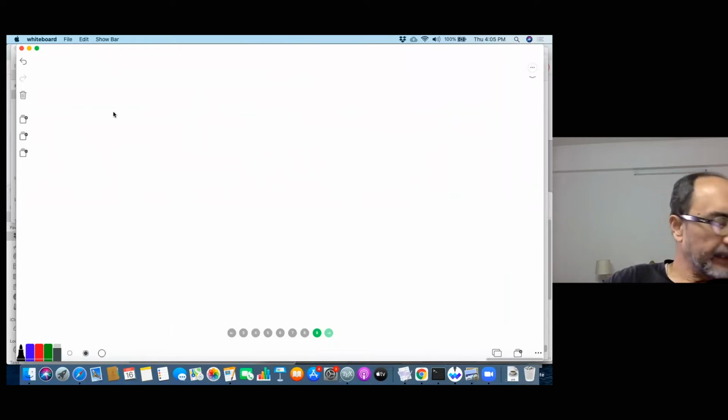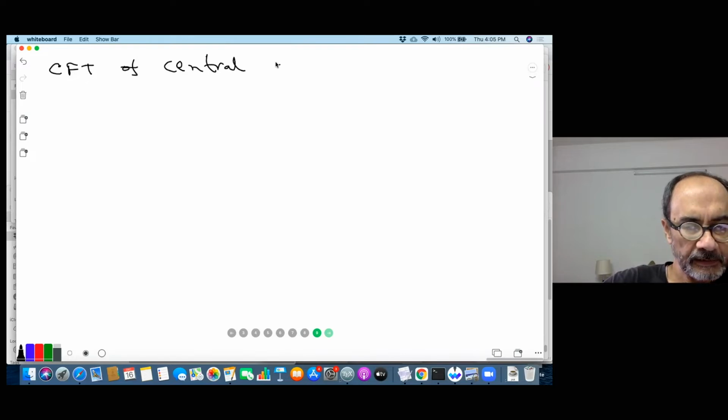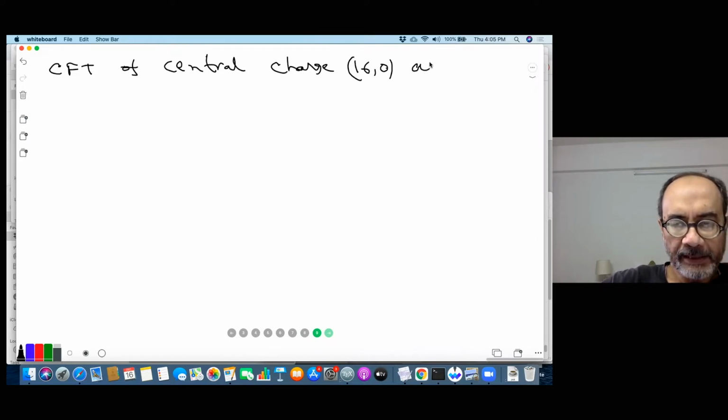Now it turns out that CFTs of central charge 16,0, these are holomorphic or anti-holomorphic CFTs, okay, are quite rare, quite restrictive.